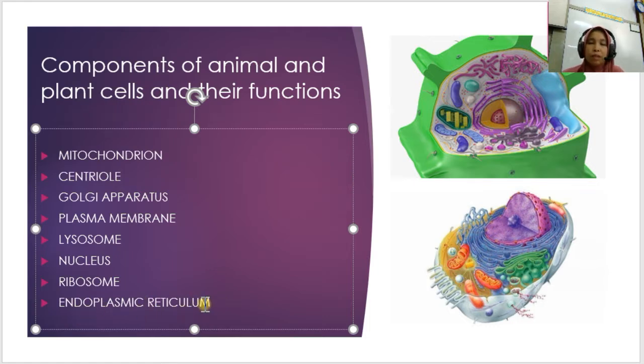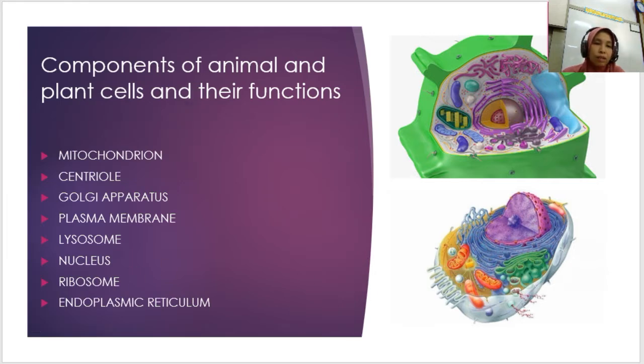Endoplasmic reticulum consists of two types, rough endoplasmic reticulum and smooth endoplasmic reticulum. So all of these are components of animal and also plant cells. This is a plant cell, and this is the animal cell, including our cells, right?